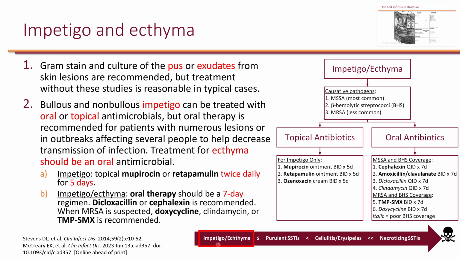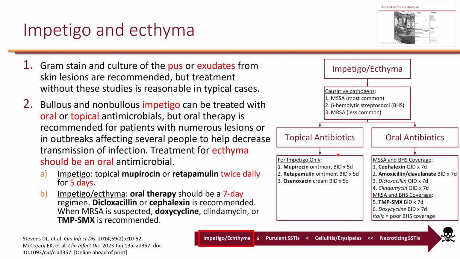Impetigo is relatively the least severe type of skin and soft tissue infection compared to other types. Now, gram stain and culture of the pus are recommended, if available, but treatment without these is also reasonable.